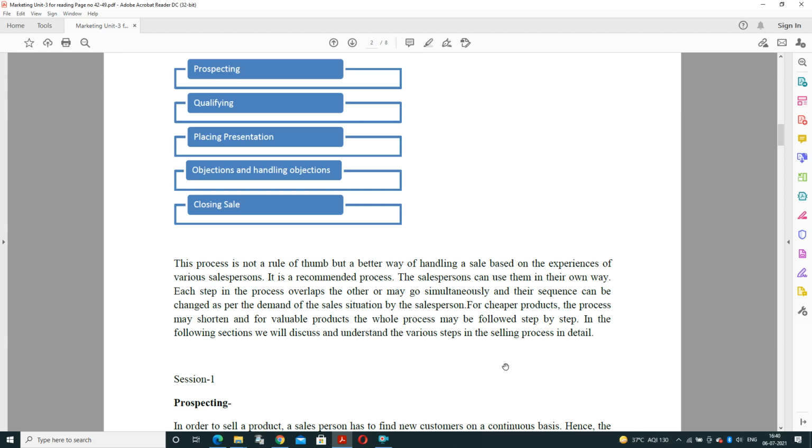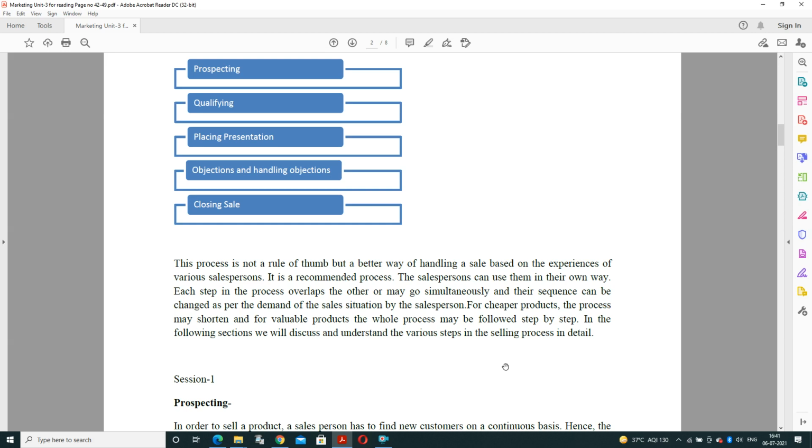Justify the statement. In the answer, a student has to write all 5 steps that we will discuss in the complete chapter: step 1 prospecting, second qualifying, third presentation, fourth objections and handling the objections, and fifth closing the sale.